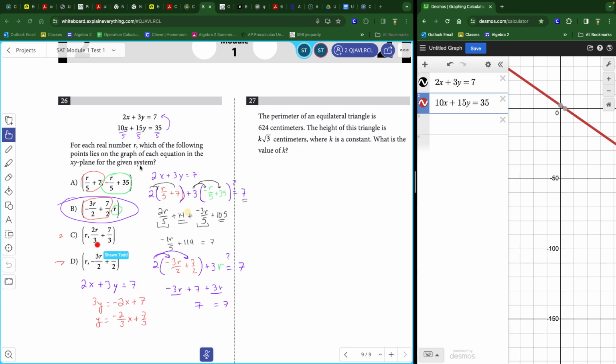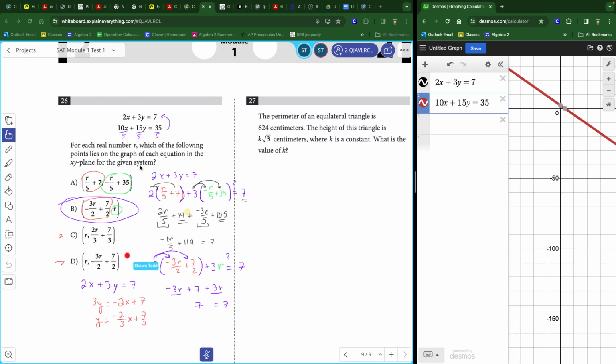If it's this one, I just plug in r, and the y value would be negative 2 times r thirds, so negative 2/3 r plus 7/3. I looked at this one and it's not negative 2/3, it's positive 2/3. So that didn't work. And if I plug the r in from here, I get negative 2/3 r, but it's supposed to be negative 3r over 2. So it's not matching there. So I knew it wasn't C or D, and it had to be those two.